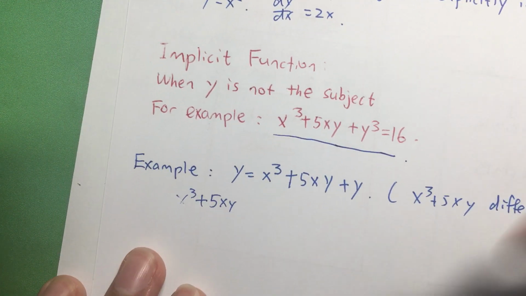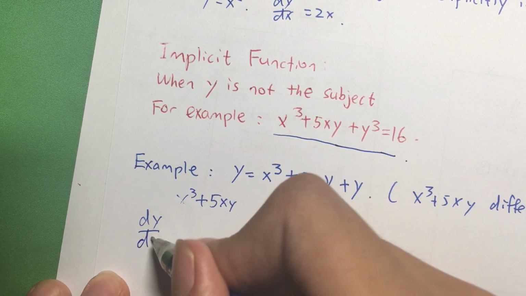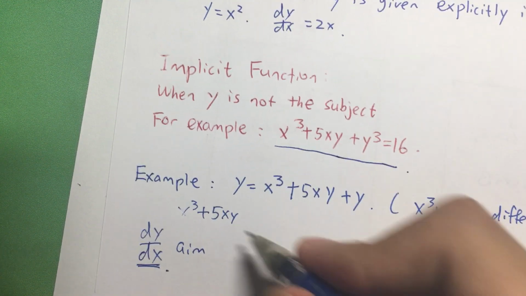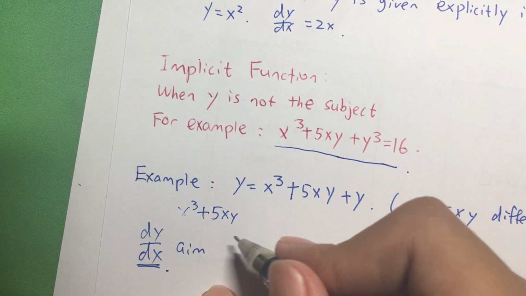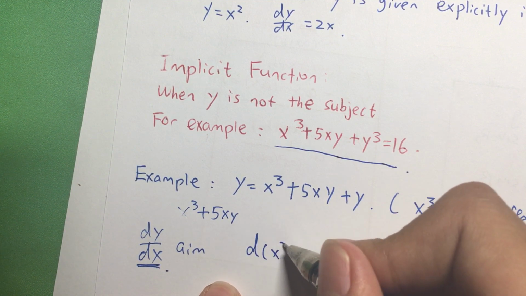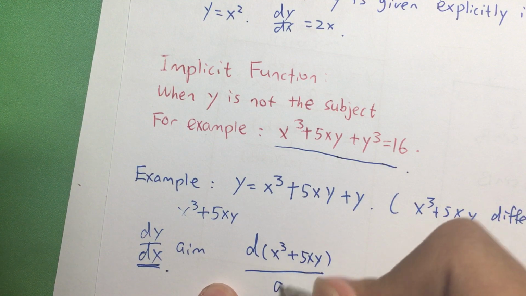Firstly, our aim is to find dy over dx, right? This is our aim. So let's try this. We have d of x cubed plus 5xy over dx.